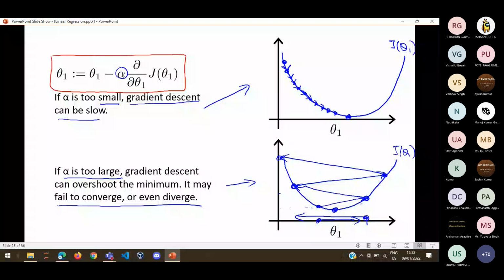Alpha is always a positive quantity, and if you take it very small, then gradient descent can be very slow. It will take very small steps to reach the minima, so the whole process will be very slow. And if you assume alpha to be too large, then gradient descent can overshoot the minimum, and it will fail to converge or even diverge.